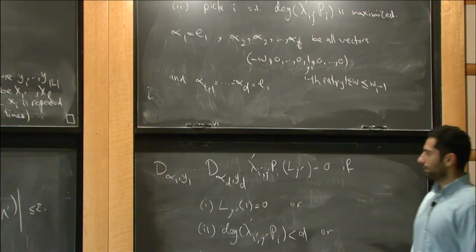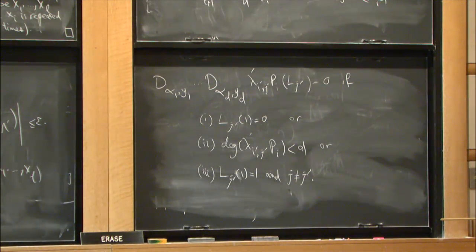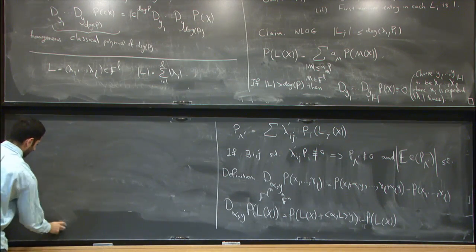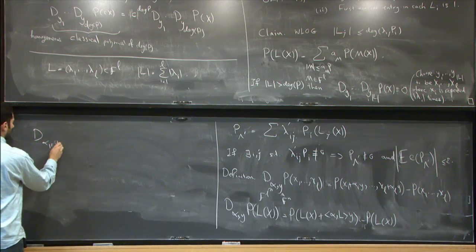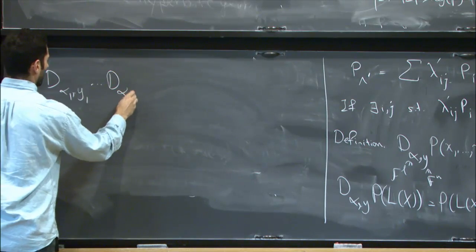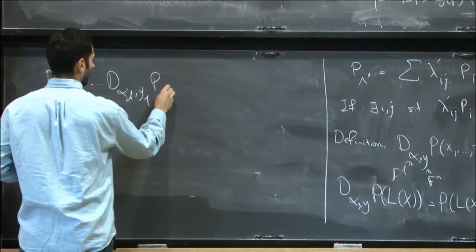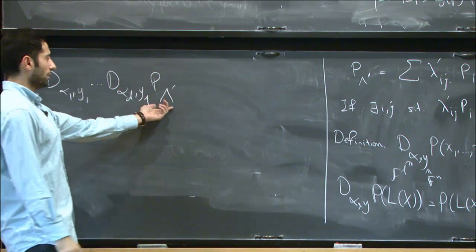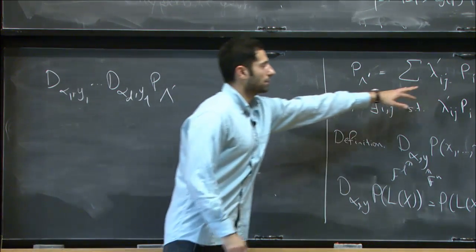So after we take this derivative, if I actually take this derivative of the whole thing, I can use the linearity of the derivative. I apply it to every term in the summation.